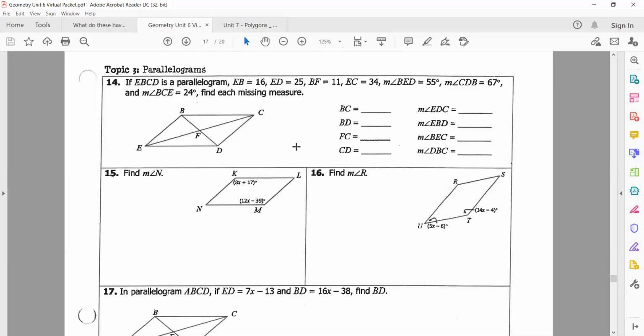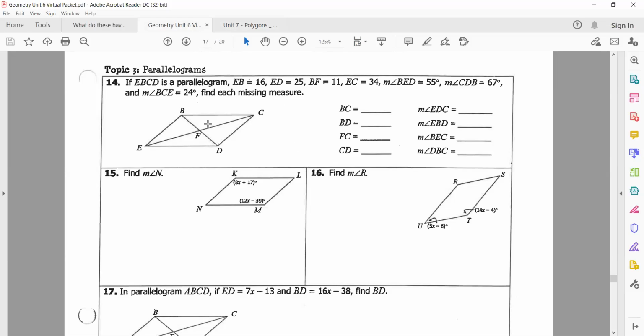How much is BD? 22, yep, because the diagonals bisect each other. So if BF is 11, FD also has to be 11, so BD has to be 22.